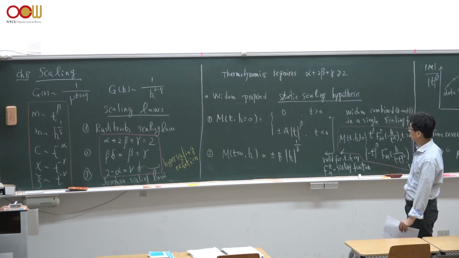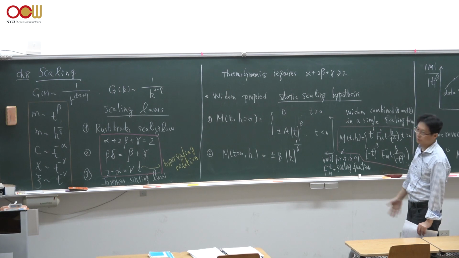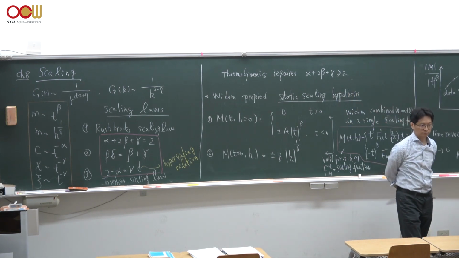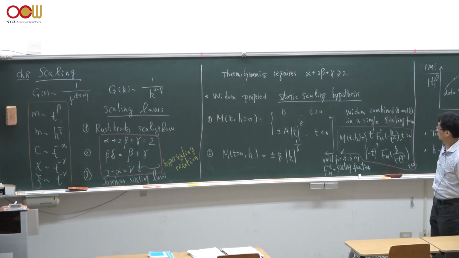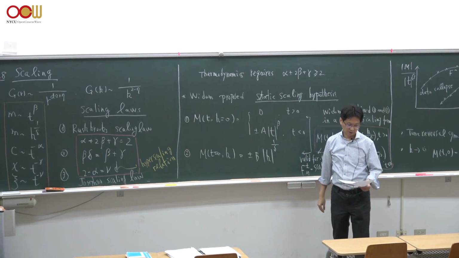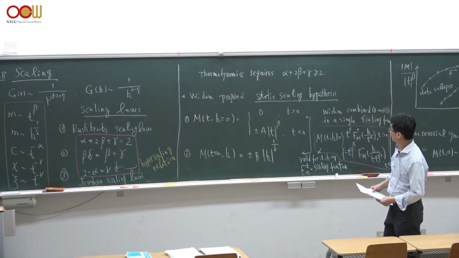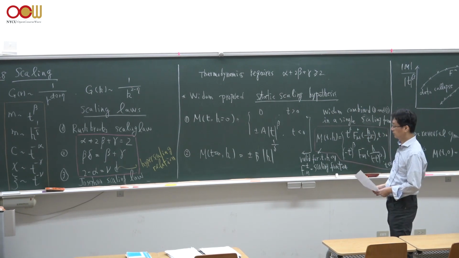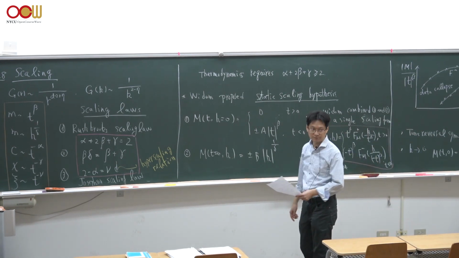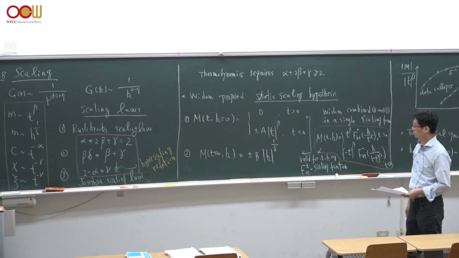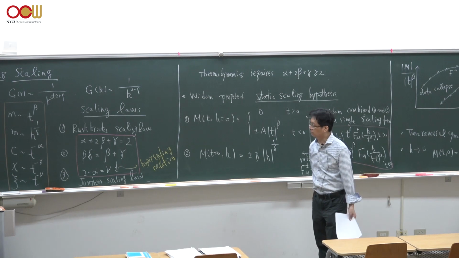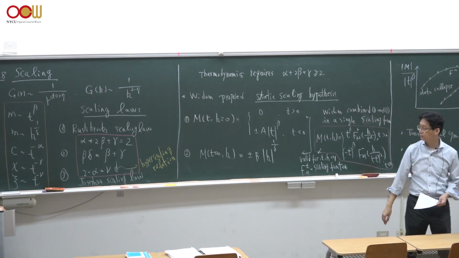This is just by thermodynamic stability consideration. You could check how you derive this inequality in the textbook or in other references. We may not have time to discuss that, but at the transition, this inequality becomes equality, which we call Rushbrooke's scaling law.